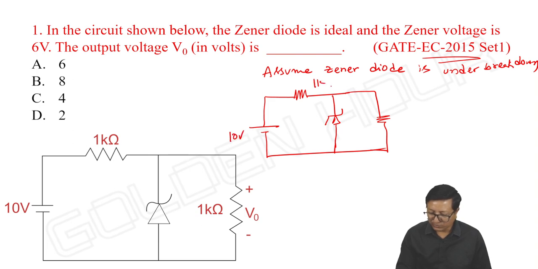Ten volts, 1 kilo ohm, it should be 6 volts, 1K, and IL. V output is equal to 6 volts.